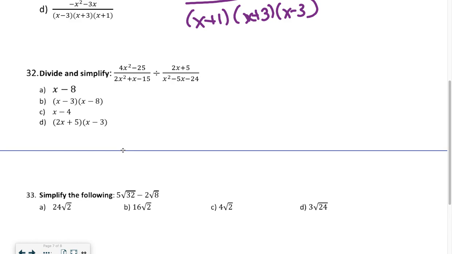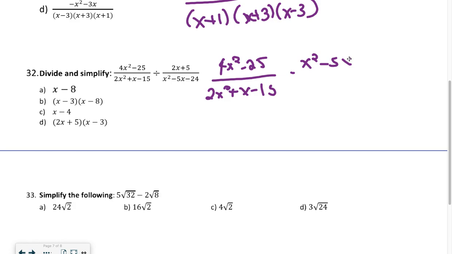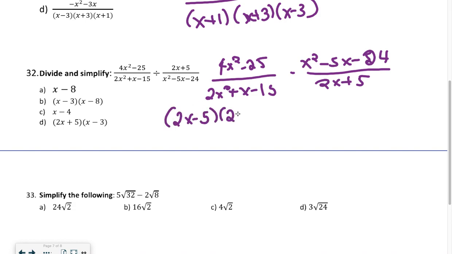32. So in number 32, remember that you have to do keep, change, flip. This is when you are dividing two rationals. The first numerator factors into a difference of squares.